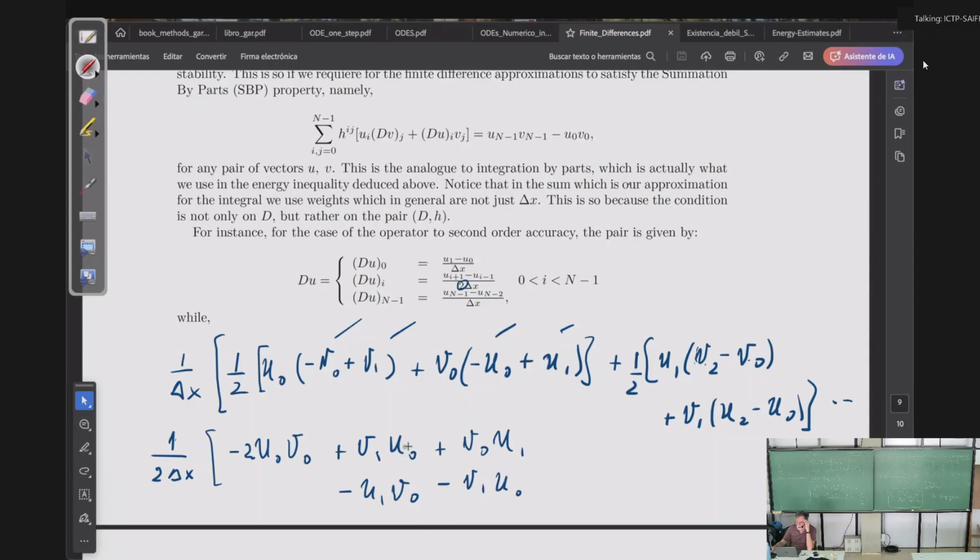Okay, so this cancels with this, and so from the first side of the chain I will get only U0 B0. Okay, so I get this with the right sign, minus.